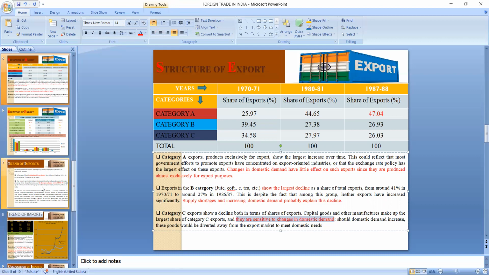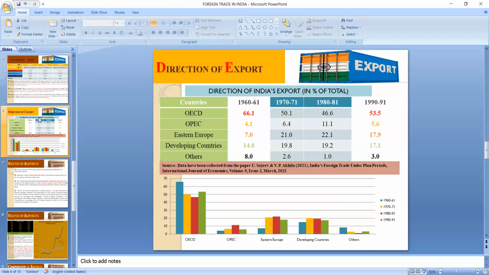Next, direction of exports. This is very important. Direction of export means the destination of the commodities, where we used to export our commodities. If we look into this table, then India used to export the highest to the OECD countries.